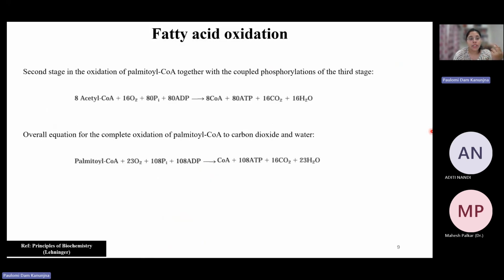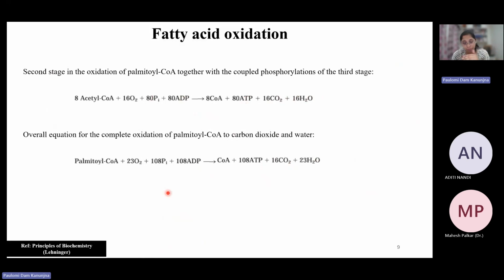Now, the oxidation of palmitoyl is also coupled with phosphorylation, which is the third stage. So basically, this is stage 1, stage 2 and stage 3. When you go to stage 2, you have ATP. When you go to stage 3, you have CO2.